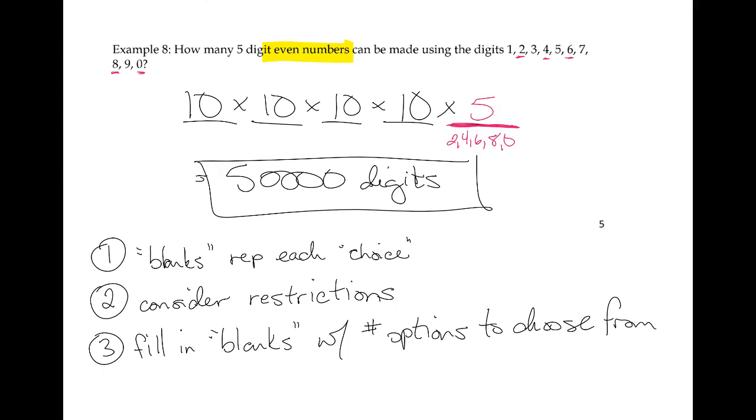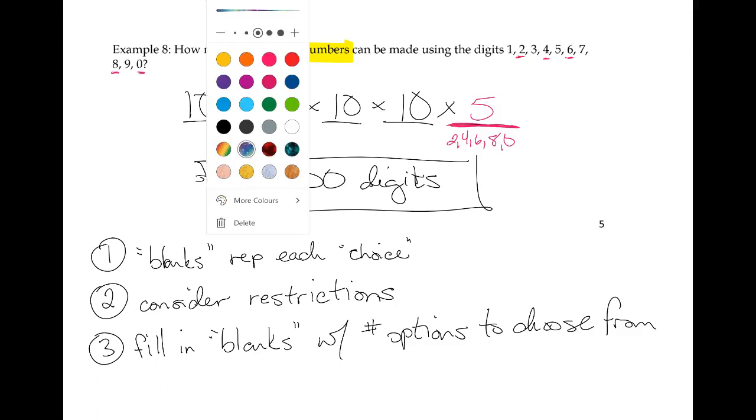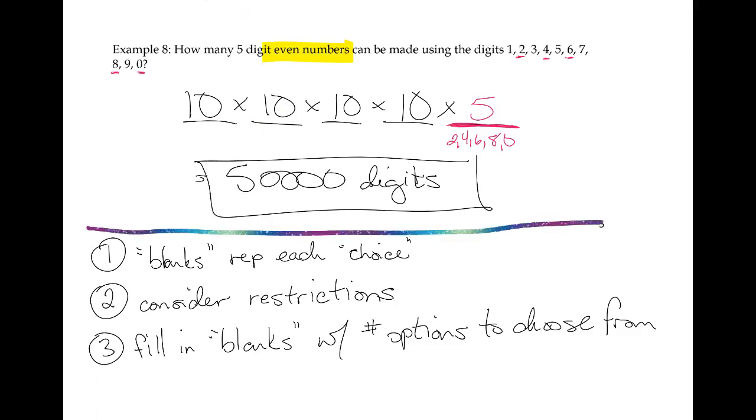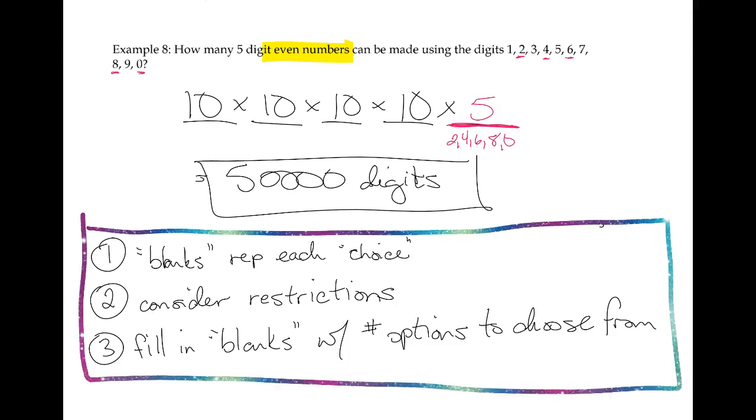So it's my general approach of how I do these types of questions. And then 4, you multiply them all together. That goes without saying, that's part of the rule.